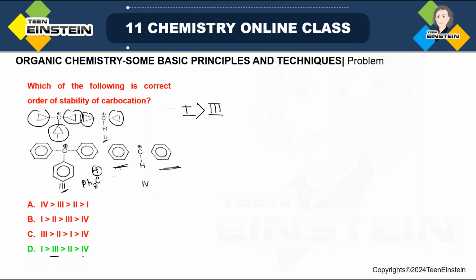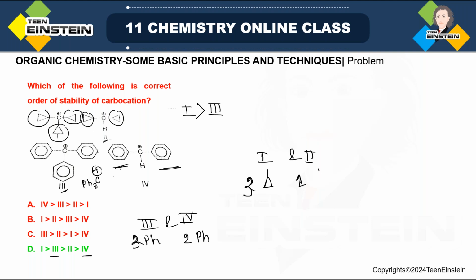So 3 and 4, these two are stable because of phenyl rings. Here we have 3 PhD, and in case of 4 we have 2 PhD. And 1 and 2, these two are stable because of cyclopropane. Here we have 2 cyclopropyl substituents, here we have 3 cyclopropyl substituents.